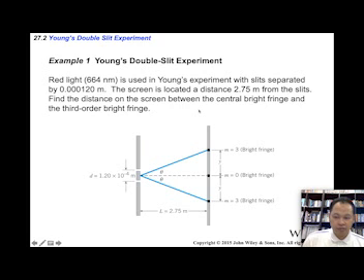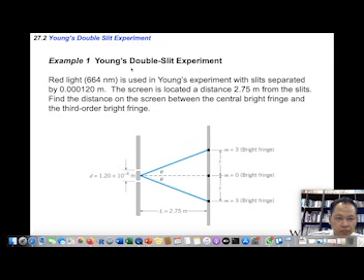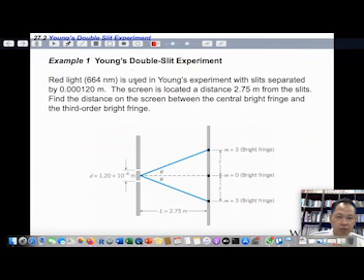Okay, now let's check by example. If you have Young's double slit experiment, always remember, if you have a double slit experiment, you have two potential answers, the bright and the dark.